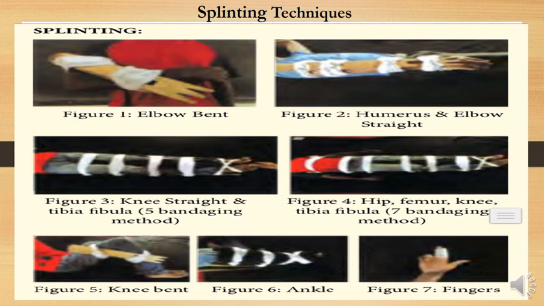That is the 5 bandages method. Everything is just to help reduce and relieve pain. Then figure 4, hip, femur, knee, tibia fibula. That's the 7 bandage method. Then figure 5, knee bent. Figure 6, the ankle, and 7, the fingers.